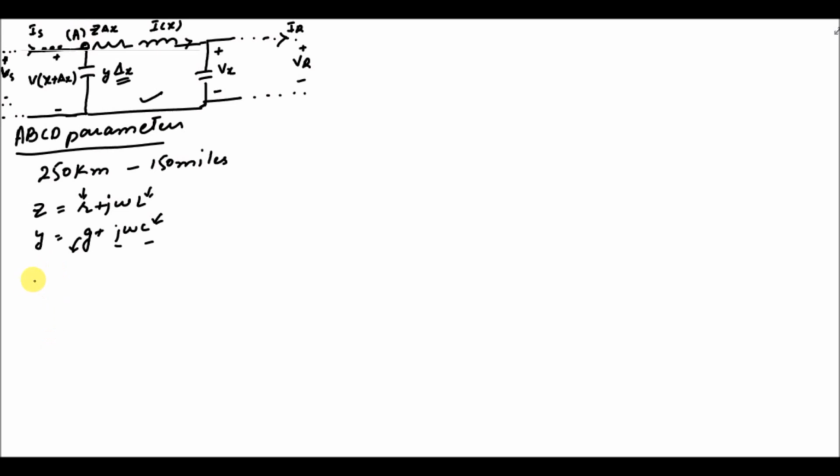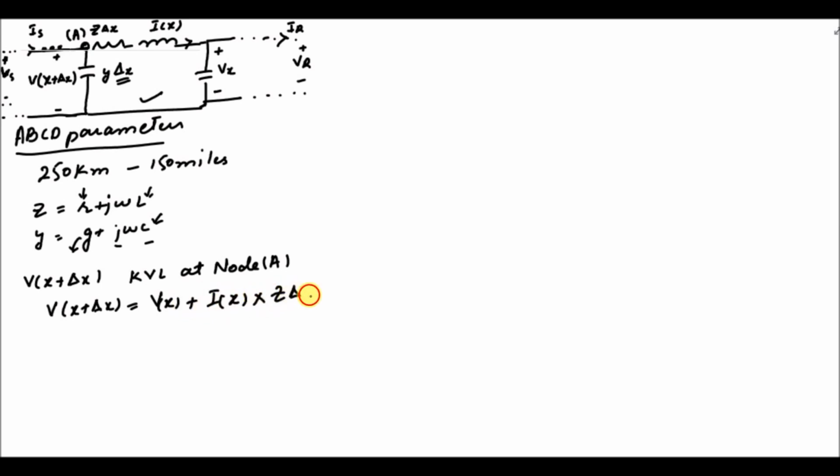So to calculate the voltage at x plus del x, we will apply the KVL at node A. The equation will be V(x plus del x) equals Vx plus Ix into z del x.